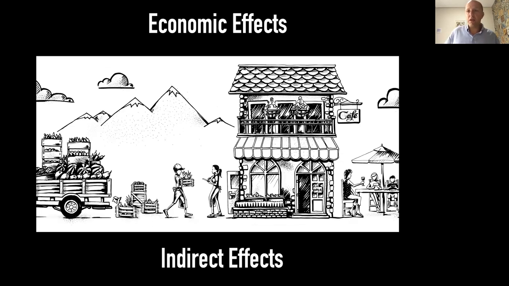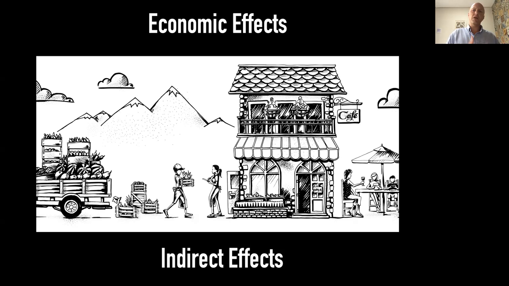However, the owner of the restaurant also needs to buy supplies from local markets to offer the meals to the clients. In this situation, the money that the owner of the restaurant uses to buy supplies is considered an indirect effect.